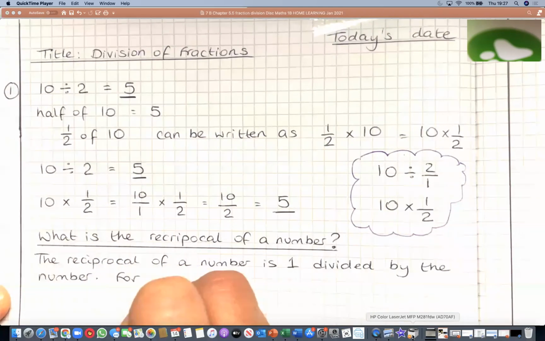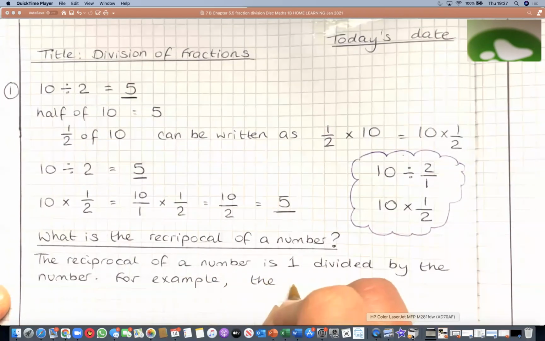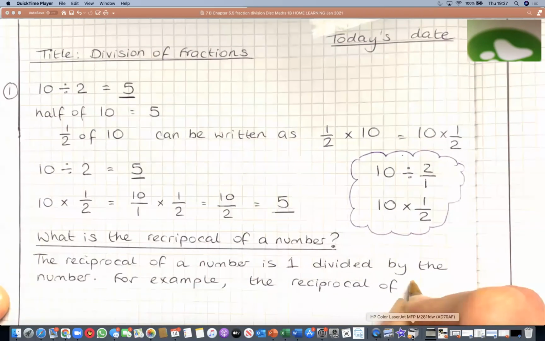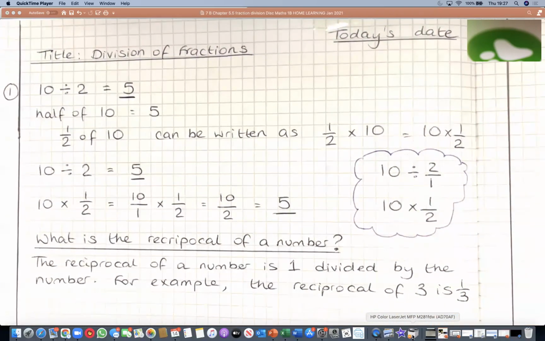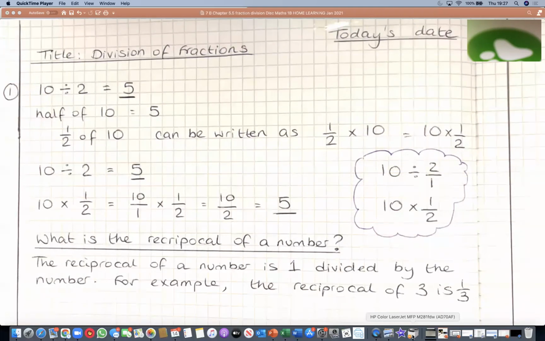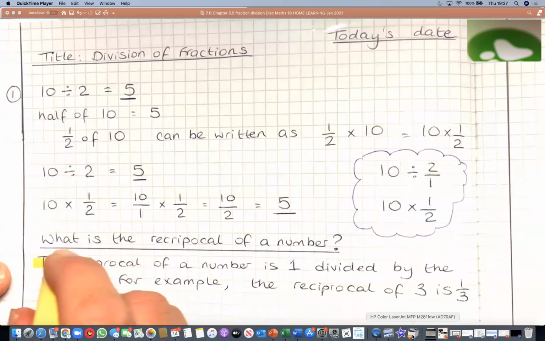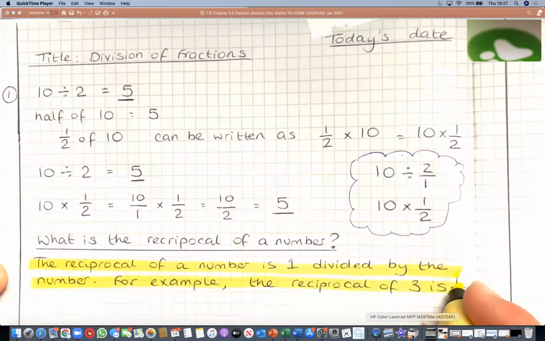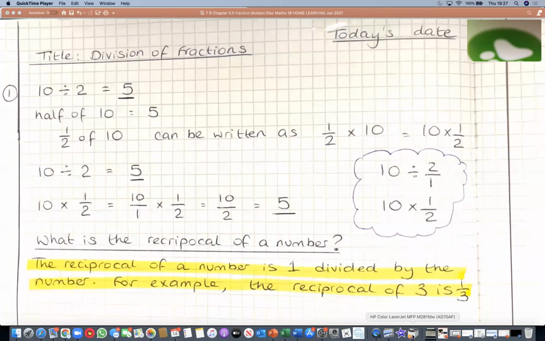For example, the reciprocal of 3 is 1/3. Okay, so another key point, use your highlighter pens, put a box around it, however you want to highlight it. I'm going to use a highlighter pen. Okay, so the reciprocal of a number is 1 divided by the number.